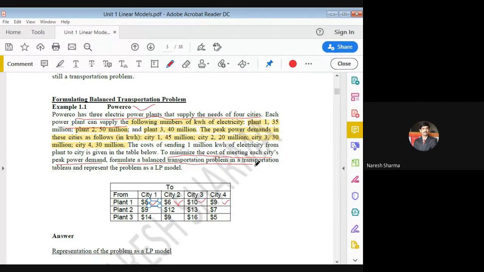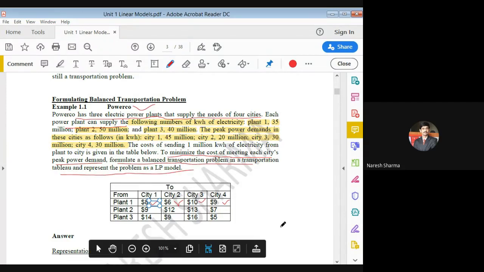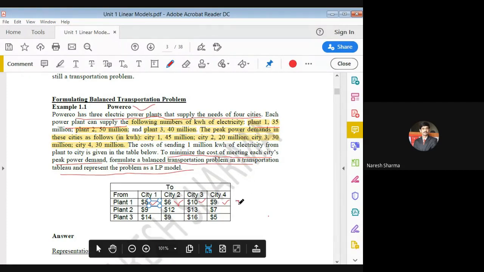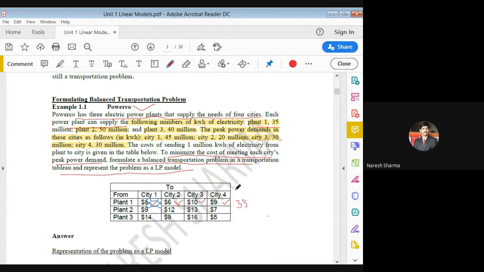So for the balanced problem, in a transportation tableau, represent the problem as a linear programming model. Here it is clearly given in the statement that plant 1 has a capacity of 35 million, so we may write 35 here. That is the capacity of these plants.